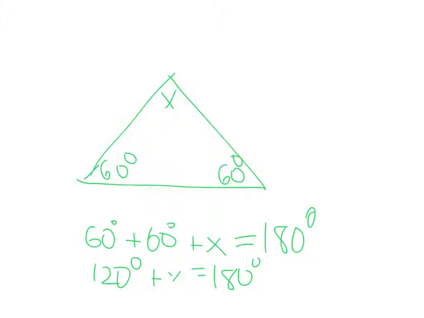Subtract 120 from both sides, you end up with x is equal to 60 degrees. So I know that 60 degrees would go up here, and I also know that this would be an acute triangle because every angle measurement is less than 90 degrees.